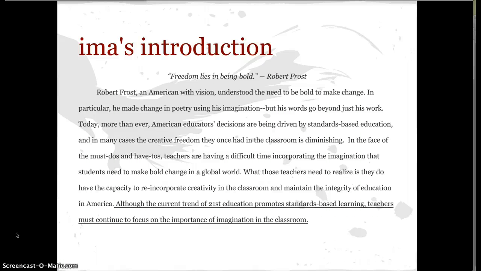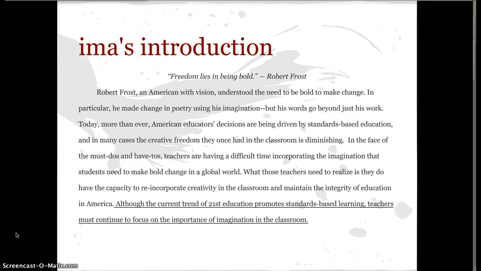In the face of the must-dos and have-tos, teachers are having a difficult time incorporating the imagination that students need to make bold change in a global world. What those teachers need to realize is they do have the capacity to reincorporate creativity in the classroom and maintain the integrity of education in America. Although the current trend of 21st century education promotes standards-based learning, teachers must continue to focus on the importance of imagination in the classroom." So there's Ima's introduction.